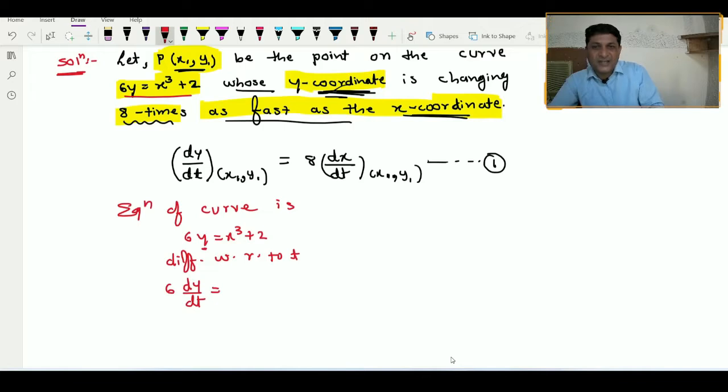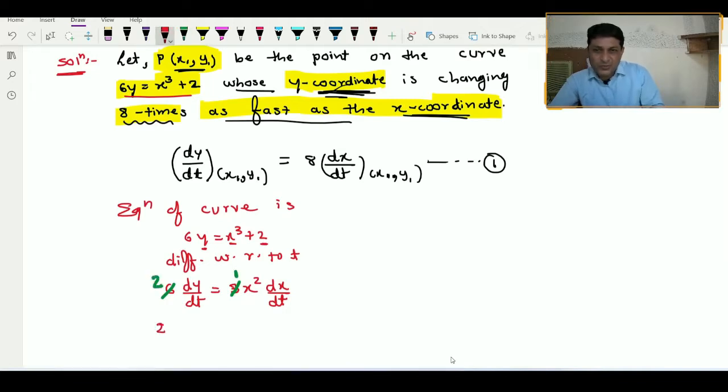And on this side, derivative of x cube, first take power of x as a coefficient, then decrease power of x by 1, then its derivative with respect to t is dx upon dt, and derivative of constant term is 0. Here we can observe that both the terms are divisible by 3. So here we will get 3 1s are 3 and here we will get 3 2s are 6. So now write down the remaining term.